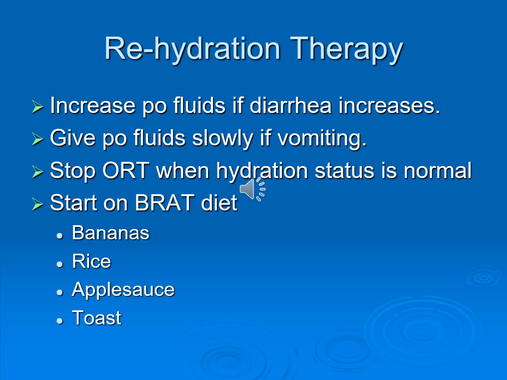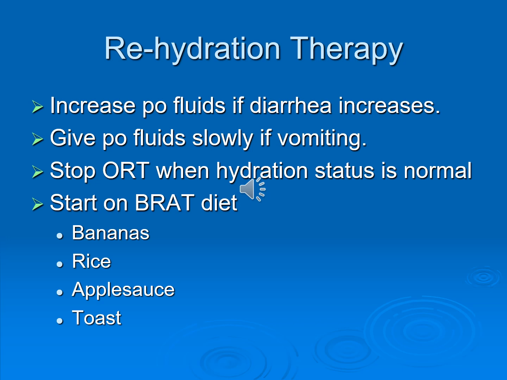When we look at rehydration therapy, keep in mind you want to increase PO fluids if they have diarrhea. You want to give those PO fluids slowly if they're vomiting, and you want to stop oral rehydration therapy when hydration status is normal. You don't want to get them into fluid overload. And then, most likely their stomach's going to be upset, and so you're going to start them on a BRAT diet.